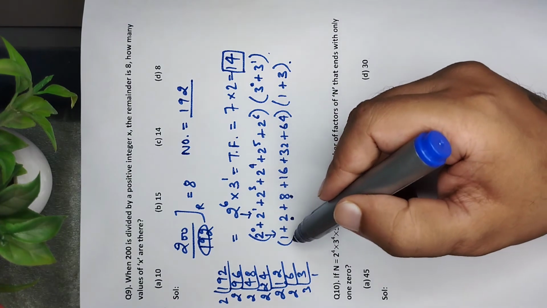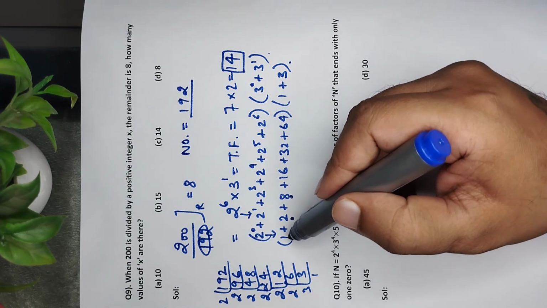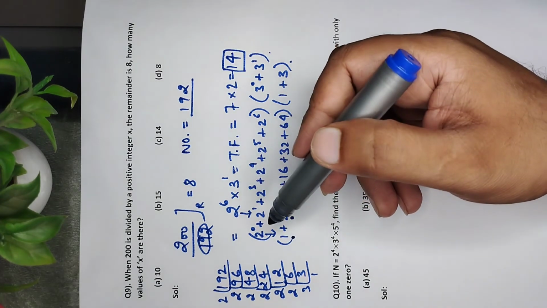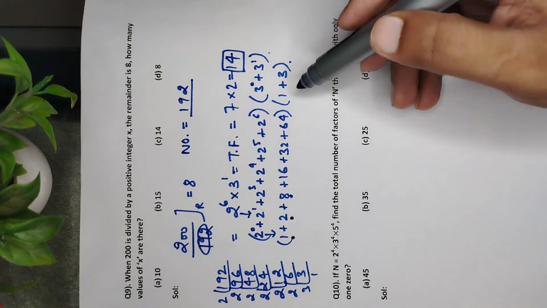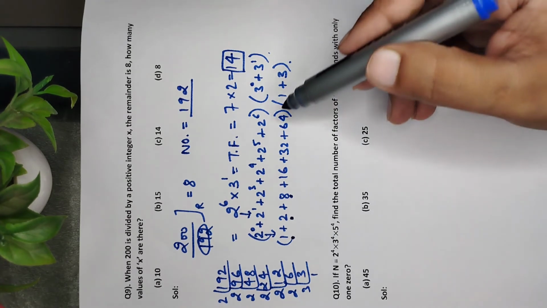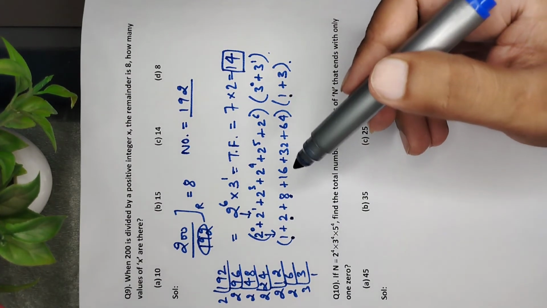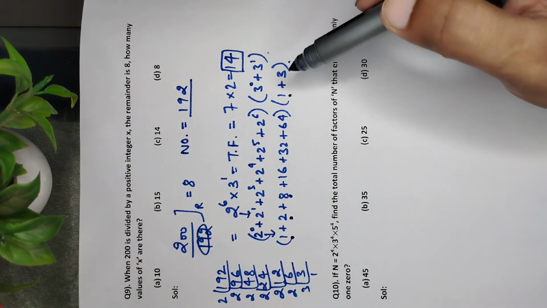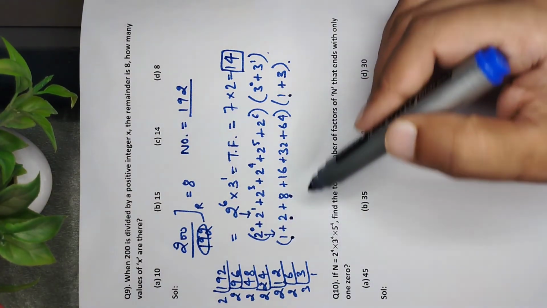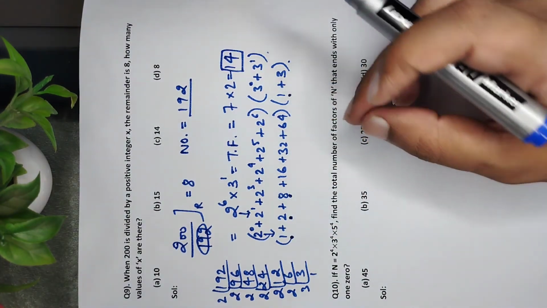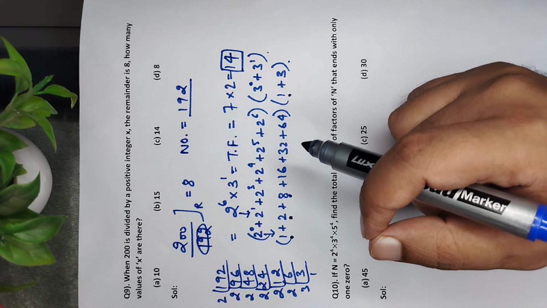Similarly, when I divide this 200 by 1, as 1 is also a factor of 192, it is exactly divisible and it will not leave any remainder. Similarly, if I divide this 200 by another factor, it is completely divisible. So we have to eliminate such numbers which do not leave any remainder.